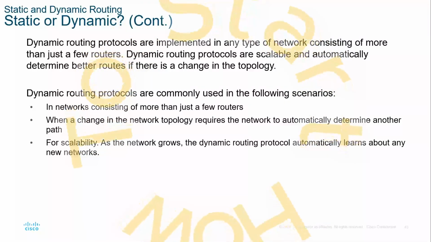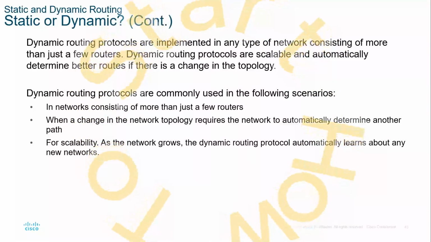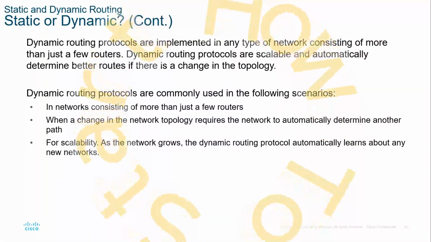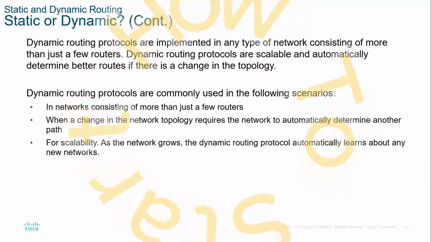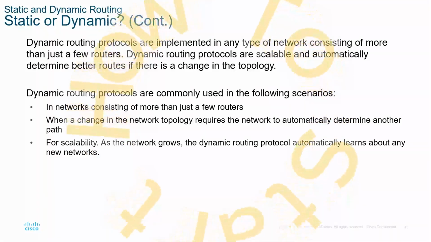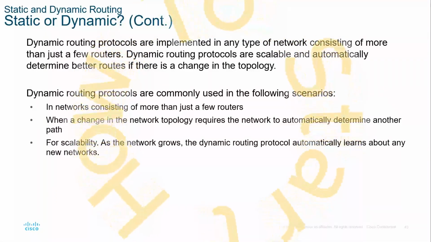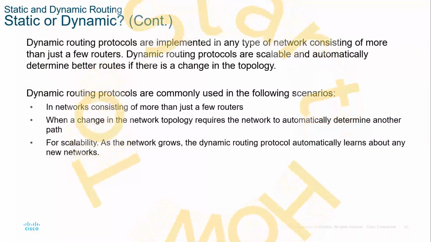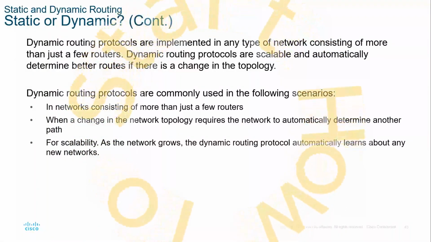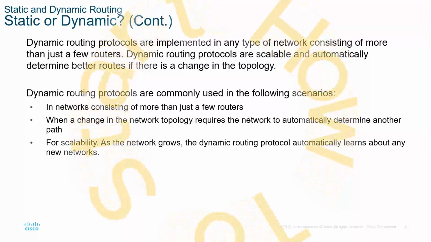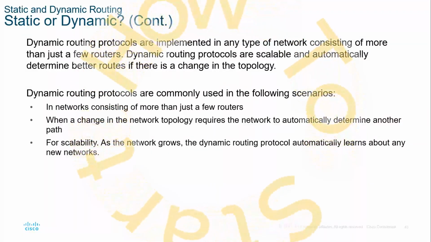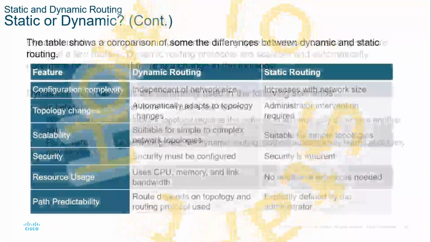Basically, the overall routing topology of a network can be automatically updated when you're using dynamic routing protocols, which means it's scalable, it's growable, it's easier to maintain. So dynamic routing protocols are commonly used in a few different scenarios. Again, the larger networks, when there could be multiple changes, and for scalability.